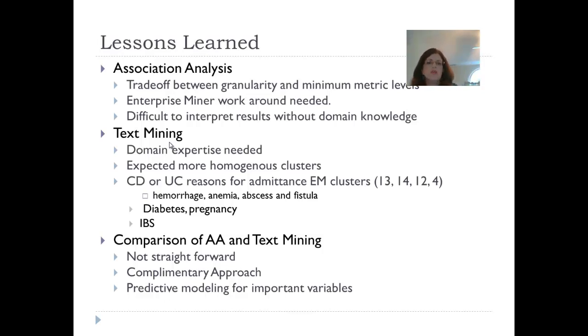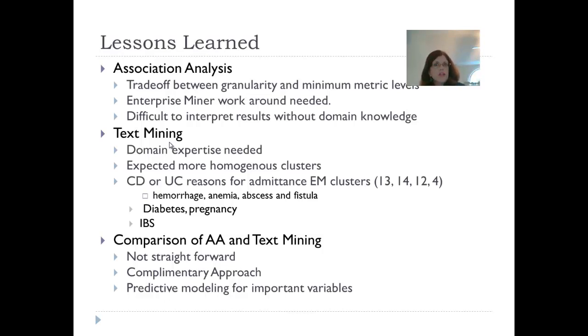We expected to see more, I'll call them homogeneous clusters. We expected clusters that would be 90-some% UC patients and another cluster 90% CD and another cluster IBS patients. But that's not what happened. We did have clusters that were 85 to 90% UC or CD.